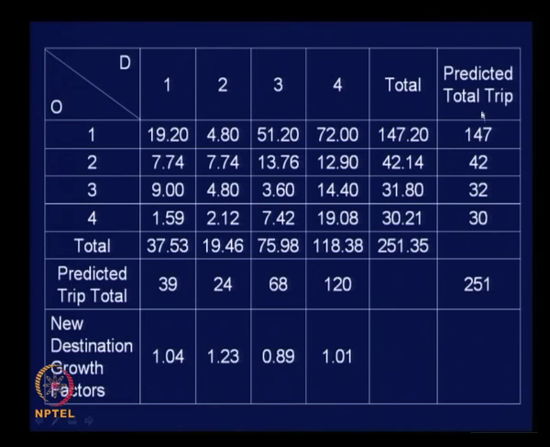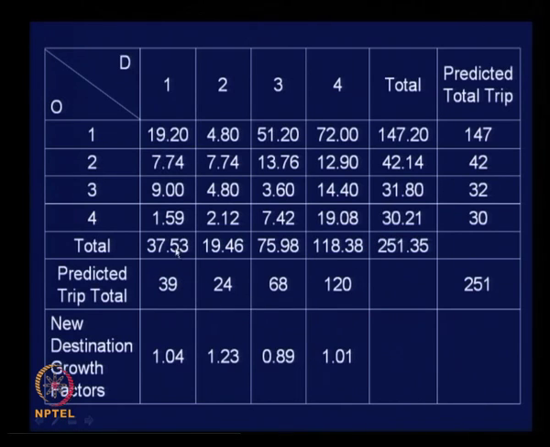They are nearly equal to the predicted or desired values, 147.2 instead of 147. You can round it off to 147 itself, and this can be rounded off to 42, the desired value is 42, and this can be rounded off to 32 and the desired value is also 32. You can round this off to 30, the desired value is 30, it is exactly matching, whereas here there is a difference between the calculated totals and the desired values.